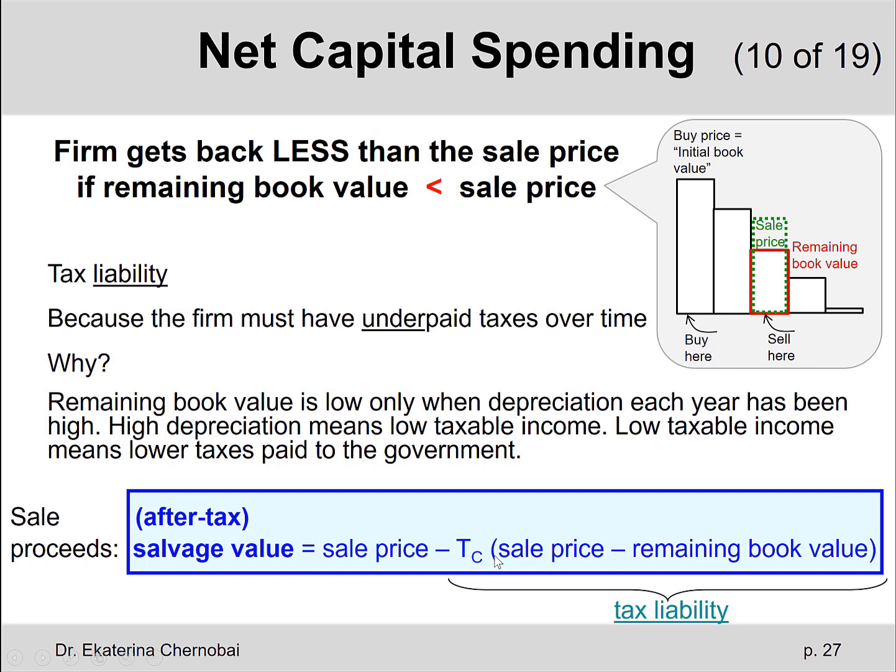The tax liability is calculated by looking at by how much the selling price exceeds the remaining book value and taking that dollar amount and multiplying by the tax rate. So what you get is how much would need to be subtracted from the sale price and paid to the IRS. And after that, what's left is your sale proceeds and what you can put in your pocket.